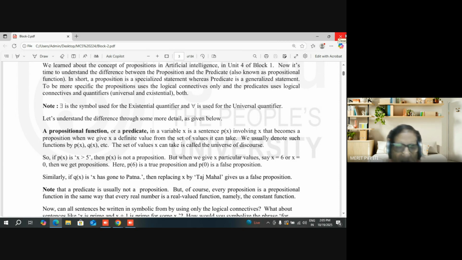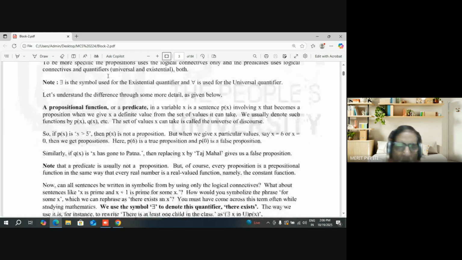Here P(6) is a true proposition and P(0) is a false proposition. Similarly, Q(x) is x has gone to Patna; replacing x by Taj Mahal gives us a false proposition.